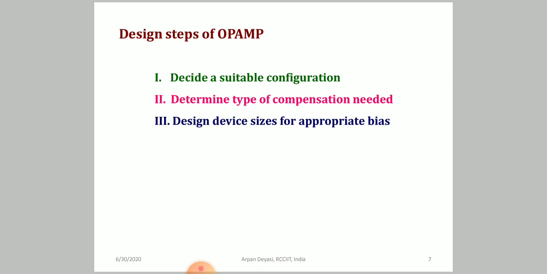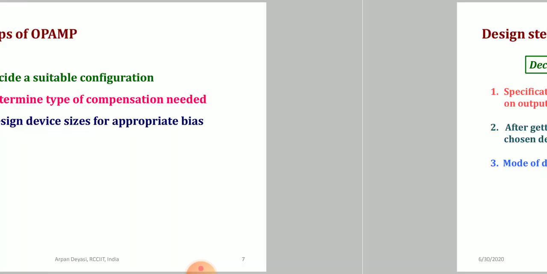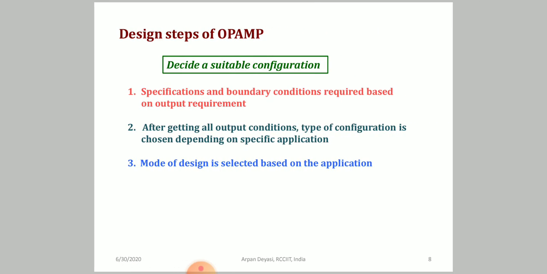So let me briefly mention what the design steps are. The first is to decide a suitable configuration. How will it be? It's very simple. First, you have to consider the specifications and the boundary conditions.